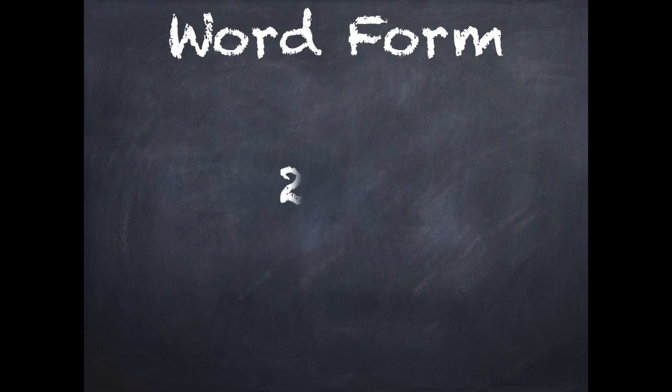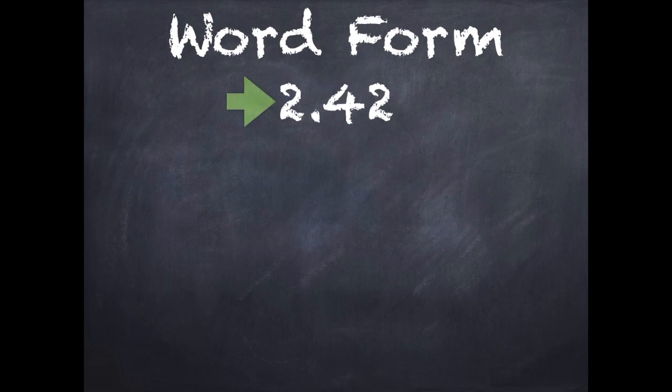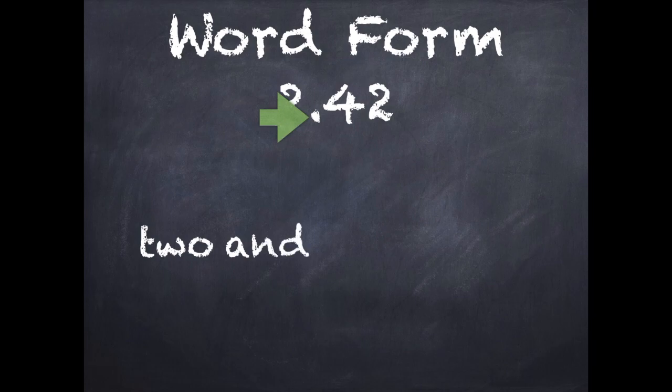If there is a decimal point in the number, like with this number, then we change things up a little. So first we would read just what's on the whole number side. So in this case, 2. And then the decimal point, for the decimal point, we say and.